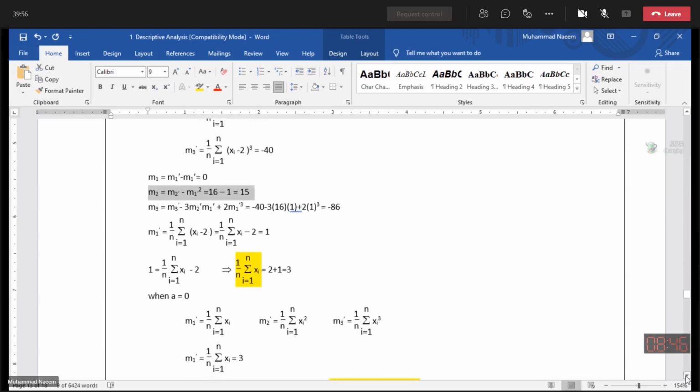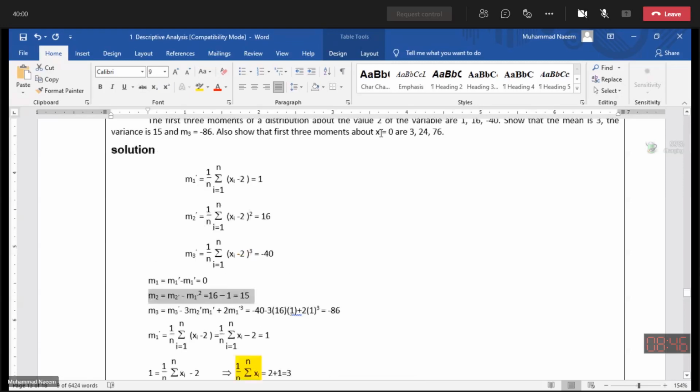Now we expand this first moment about 2. Just expand this summation.